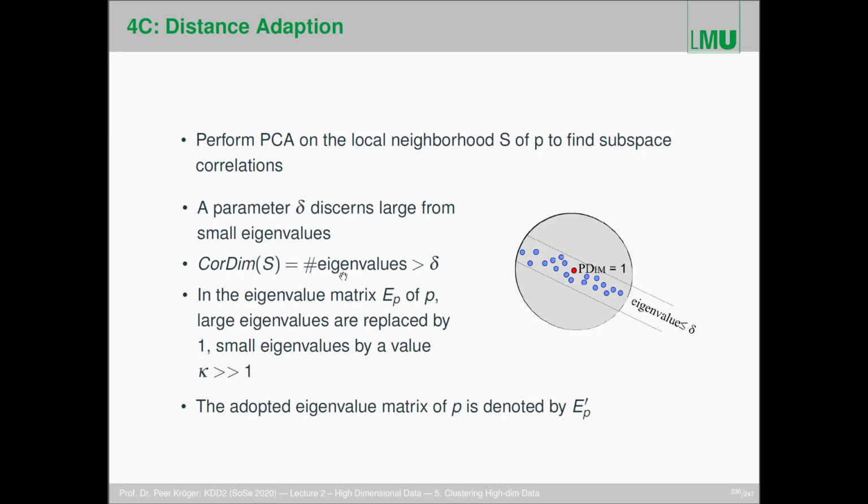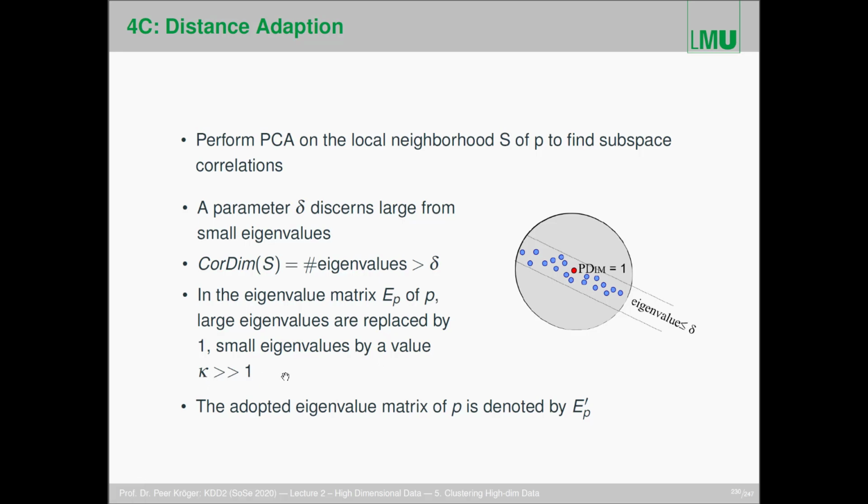Those are the strong eigenvectors. And in the eigenvalue matrix of P, which is computed by PCA from the local neighborhood, we simply replace the large eigenvalues by 1 and the small eigenvalues by a value kappa, which is greater than 1.